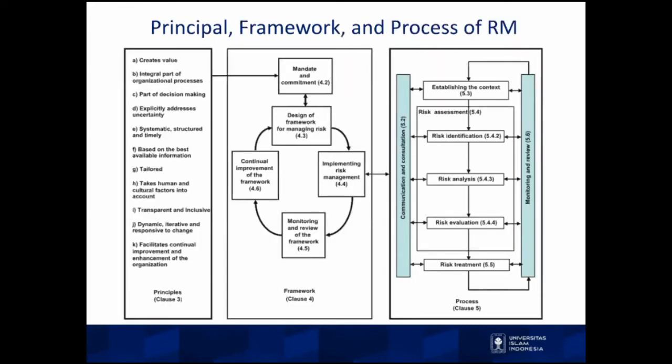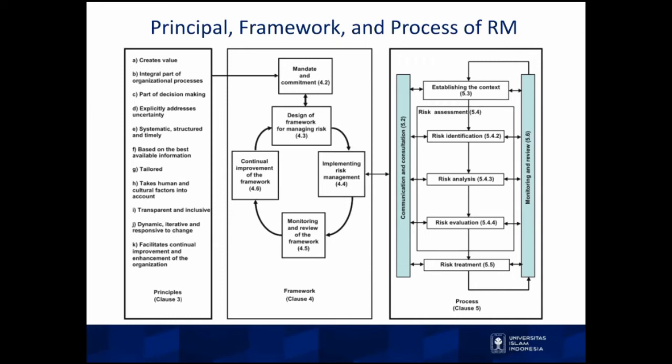So how does risk management actually work? I take this figure from ISO 31000, which I think was published in 2009. But if you check the newer version of ISO 31000, the figure is pretty much different. The figure consists of three different parts.